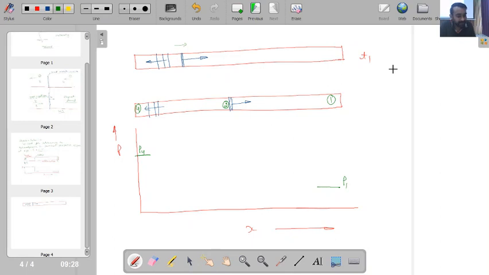If I want to create a separate identity for fluid in the driving section and fluid in the driven section, I can say that in between the driving fluid and driven fluid I will have some contact surface, which segregates the identity between driving fluid and driven fluid.